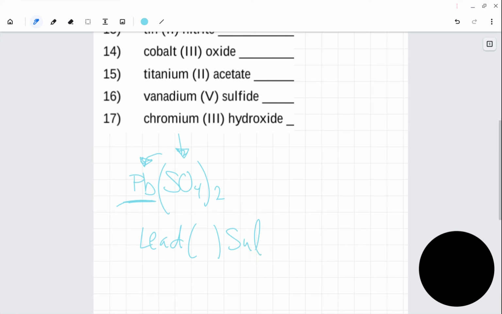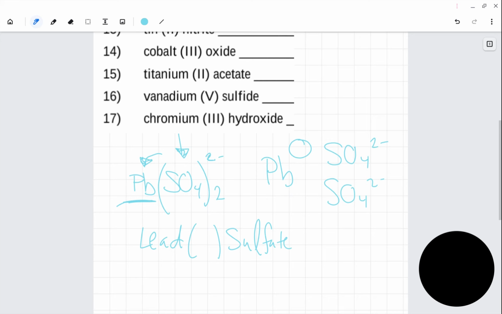And if you look at your polyatomic table, you'll see that sulfate has a charge of 2 minus. Whether you want to do the reverse crisscross and then realize you have to change some numbers, or just write out what you have: I have sulfate with a 2 minus, but I have 2 of them. And then I have lead, but I don't know what the charge is.